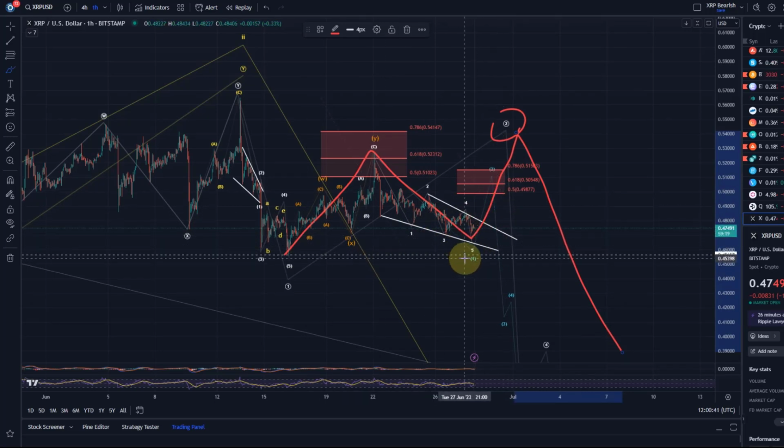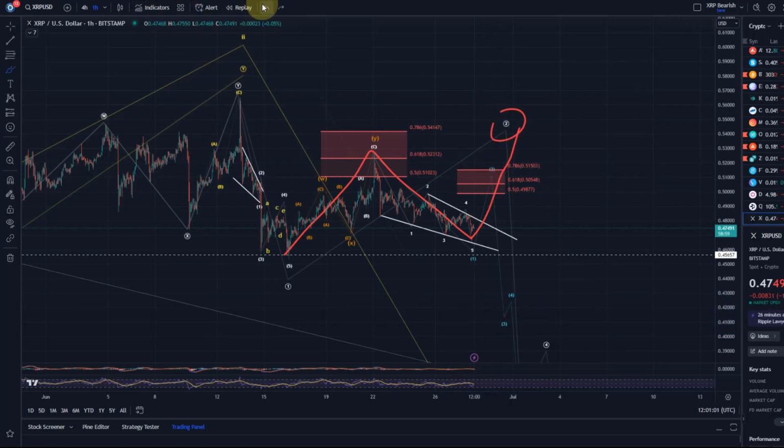It all depends on, okay, can the bears break this support here at 45.6? If they can, then I think the third wave is already in the making. If they can't, and if price pulls back and breaks above 51.5 cents, then I think we are here in this circle wave 2.